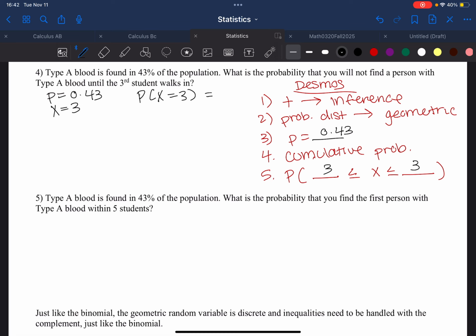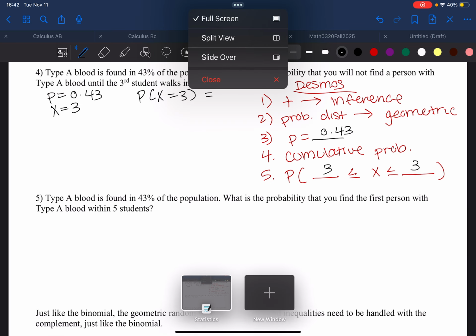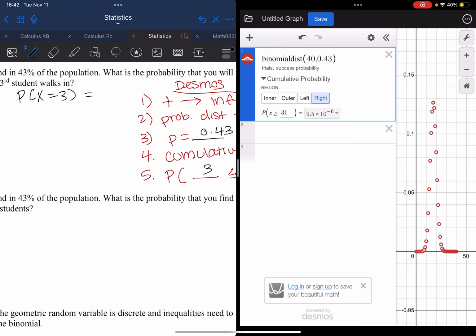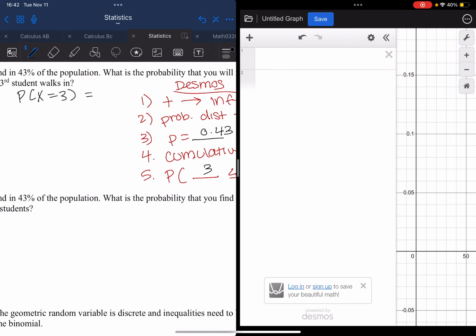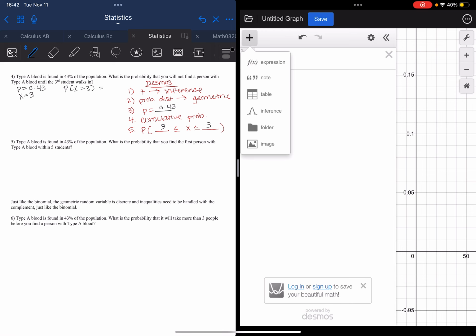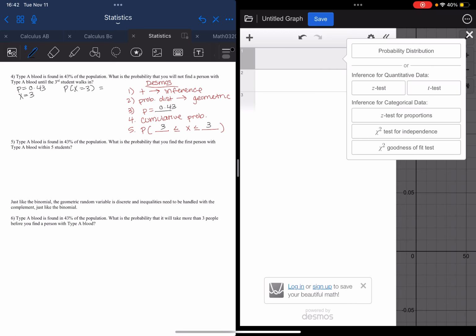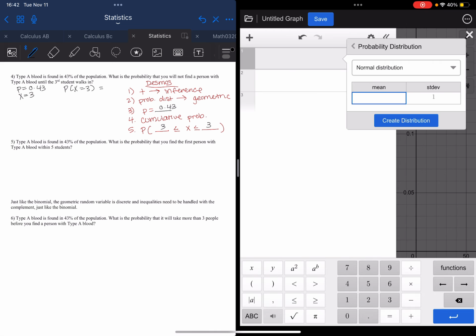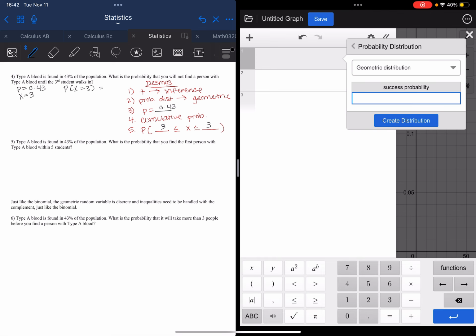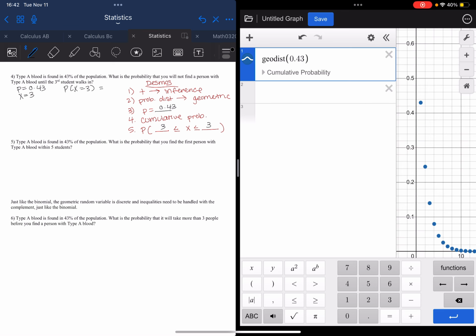To show you how this works, I'm going to go ahead and open up Desmos. I'm going to cross off binomial distribution, and now I'm following these steps for geometric. So I'm going to hit the plus sign, go to inference, click on probability distribution, do the drop down and click on geometric, type in my probability of success, which is 0.43, and create distribution.